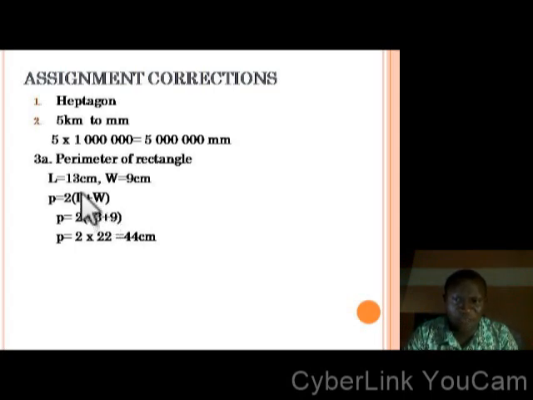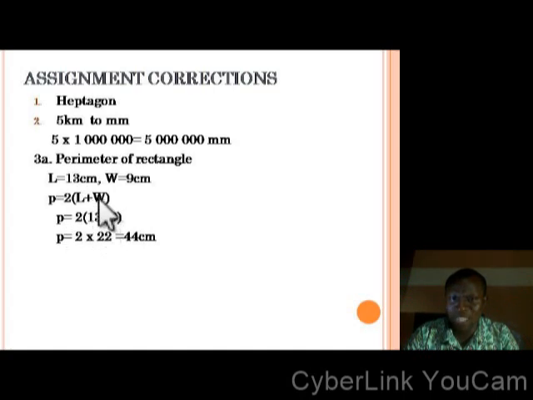Applying the values in our formula, length is represented by 13 centimeters. That of width is to be represented by what? 9 centimeters as given in the question. Now we can begin to apply them here. Here we have our perimeter equal to 2 bracket. In place of our length we write 13 plus.